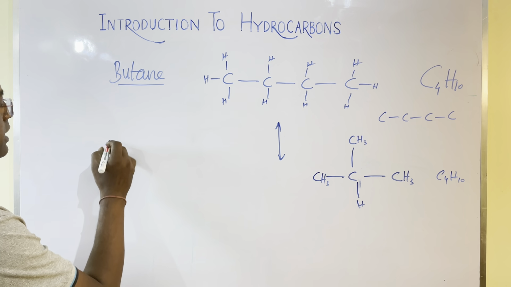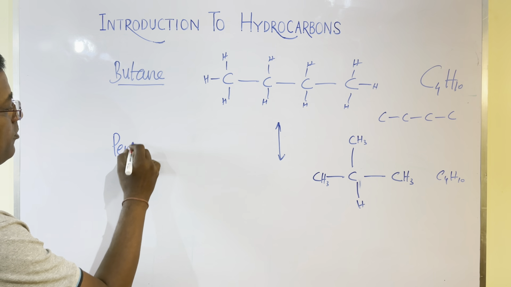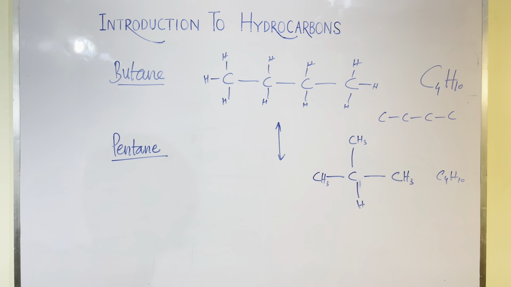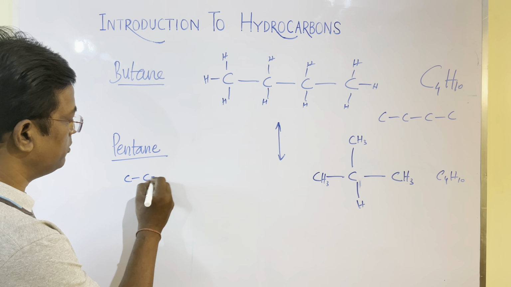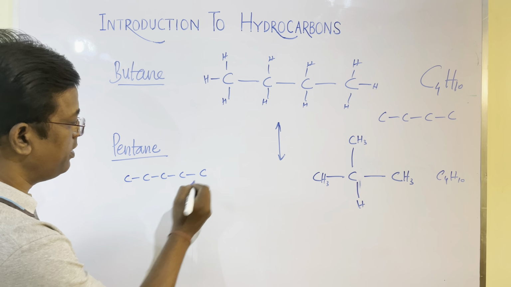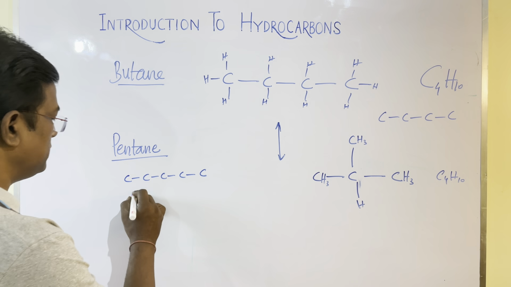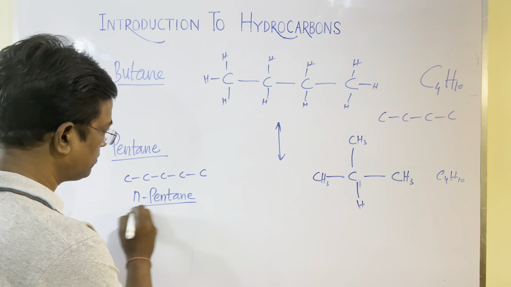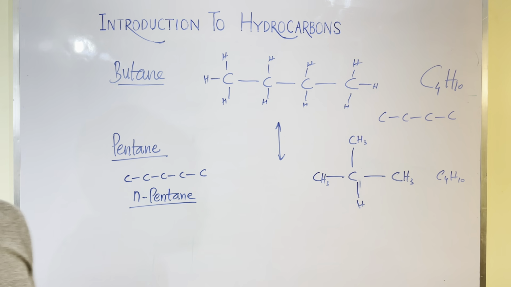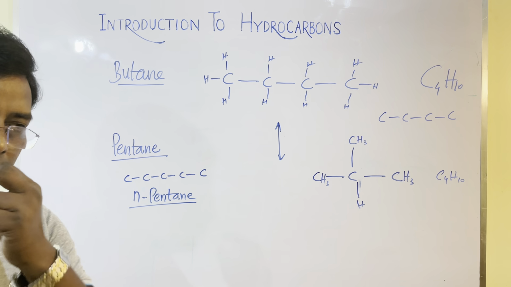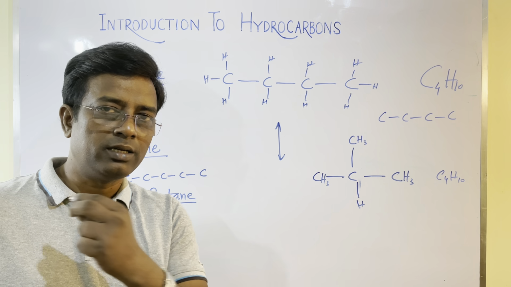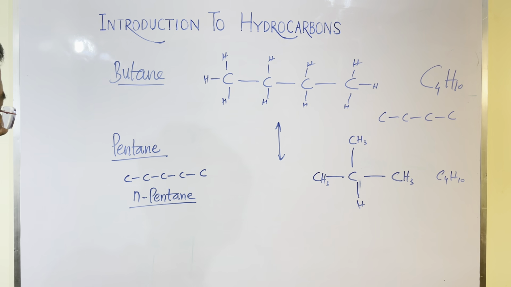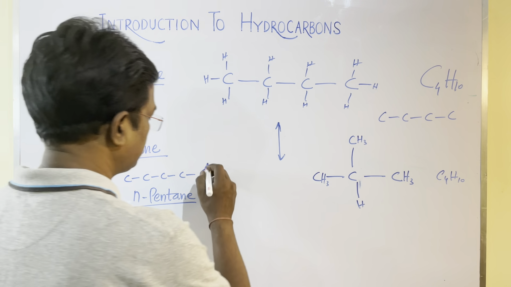Now, an interesting thing with pentane. Now pentane, one is straight chain, 1, 2, 3, 4, 5. Straight chains are called n-pentane. For normal chains, if all the carbon atoms are present in a straight chain, they are called n-pentane, straight chain.